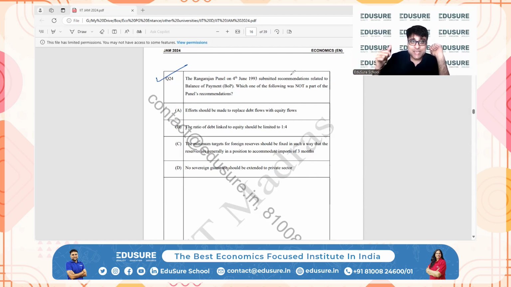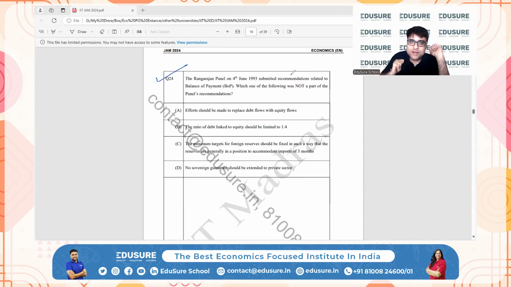That's first. Second, the minimum targets for foreign reserves was also set. The panel emphasized the need for maintaining foreign reserves sufficient to cover at least 3 months worth of import. उतना रिजर्व को रखें जितना एटलीस्ट 3 महीने का इंपोर्ट का बिल को कवर कर सके.